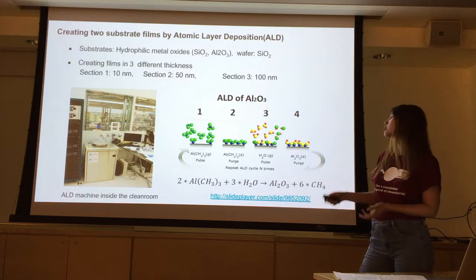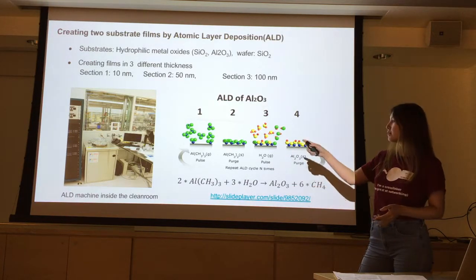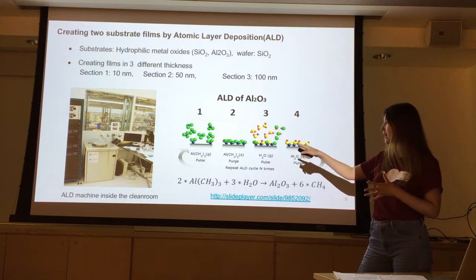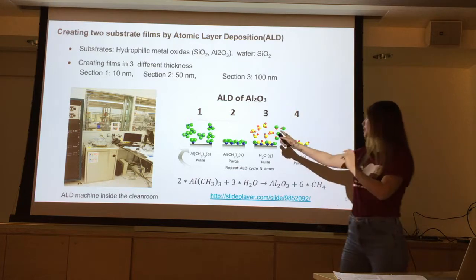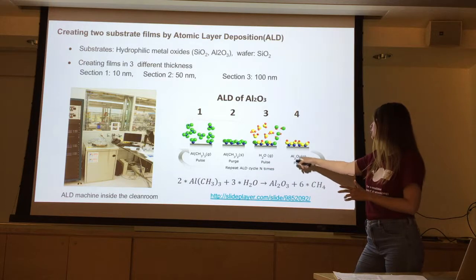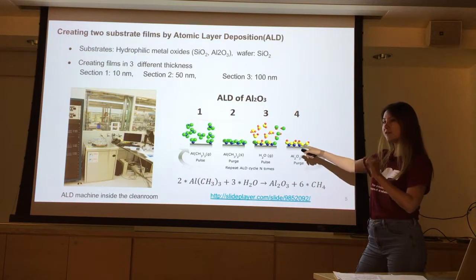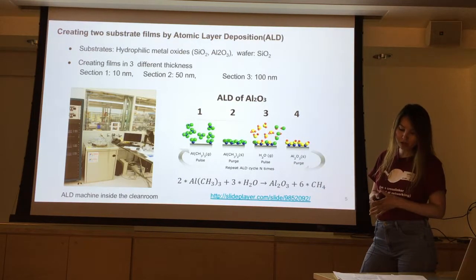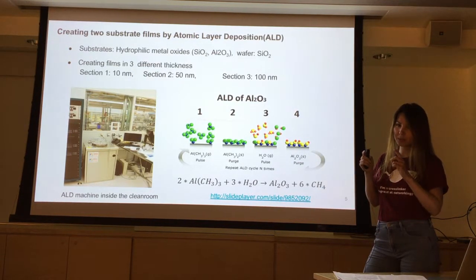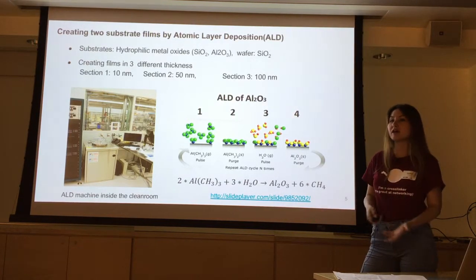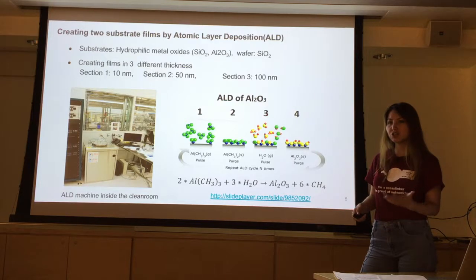Inside the chamber, in one cycle, there is a pulse of gas that we release, then waiting time, then a pulse of water, and also waiting time, to create the alumina film on the surface. And this cycle repeats. For example, for alumina, the growth per cycle is 1.1 angstrom, and according to this data, I can set up the machine to the desired thickness that I want.